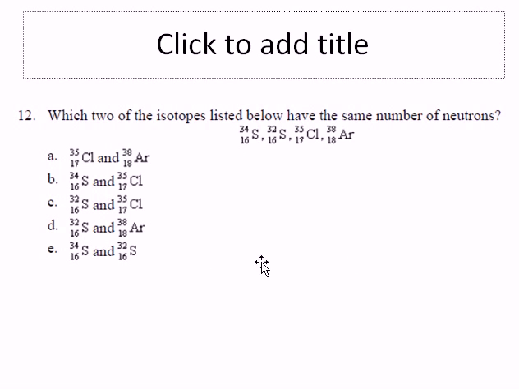In this case you want to go back to training video number 2, where we created a table, and you can determine that you have 16, 16, 17, and 18 protons. Then you can look at the mass and do a subtraction to find the number of neutrons. So quickly you can do the math.